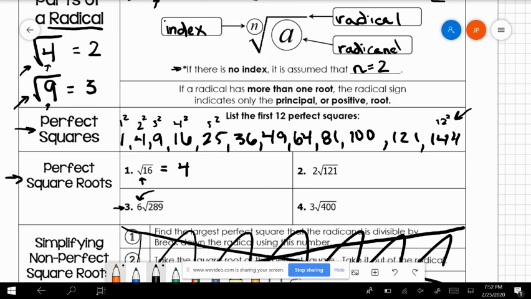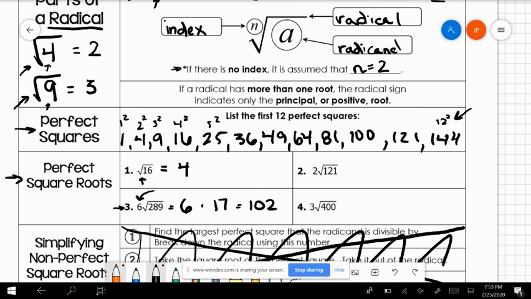So again, if I'm good at memorizing these square roots, you will know, and I know it's not up on our list up there, the square root of 289 is 17. So what this problem is actually saying is 6 times 17, which is 102.